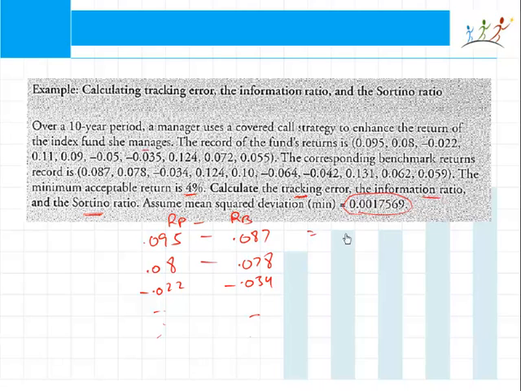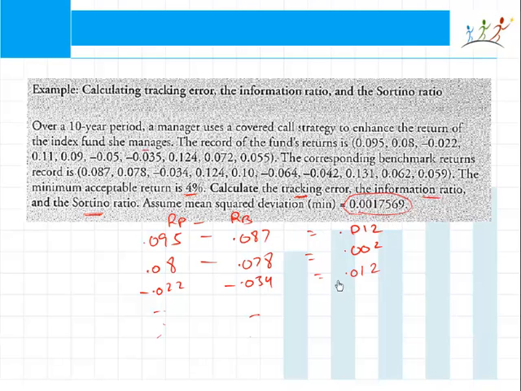For the first year, it will come out to be 0.012. For the second year, it will come out to be 0.002. For the third year, the minus will become a plus. The benchmark fell by 3.4%. However, we fell by only 2.2%. So it is again a positive 0.012, and so on. So this is how we can calculate the active return.